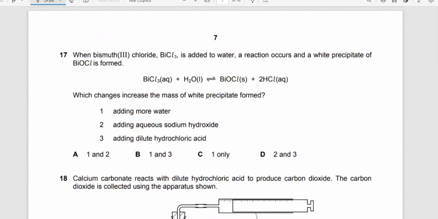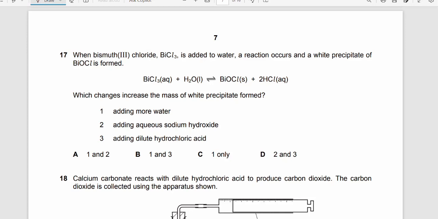When bismuth chloride is added to water, a reaction occurs and a white precipitate of bismuth oxychloride is formed. Which changes increase the mass of the white precipitate formed? Yes, we can see here that adding more water, does it affect? Of course.